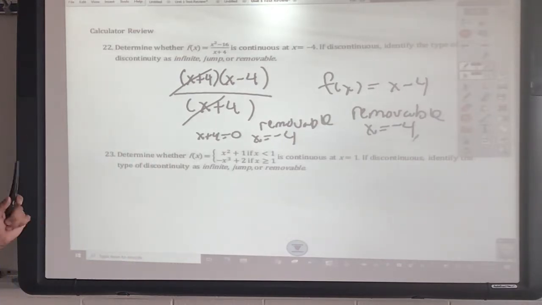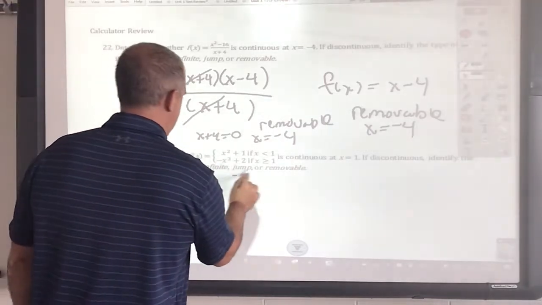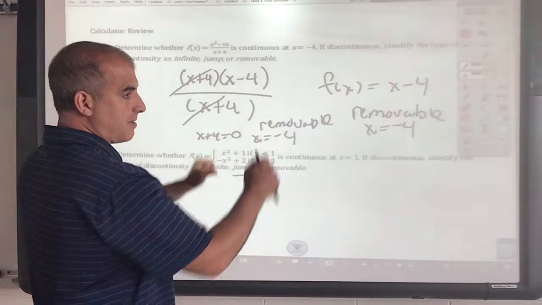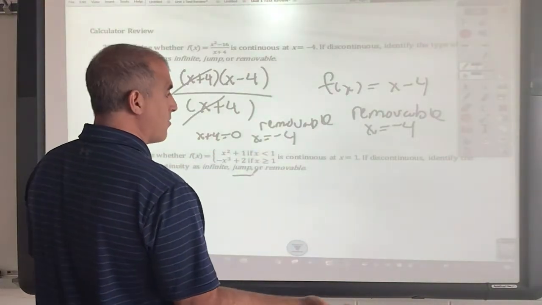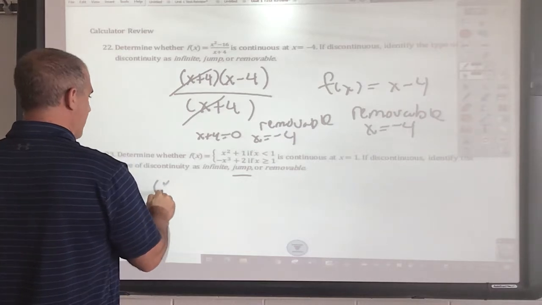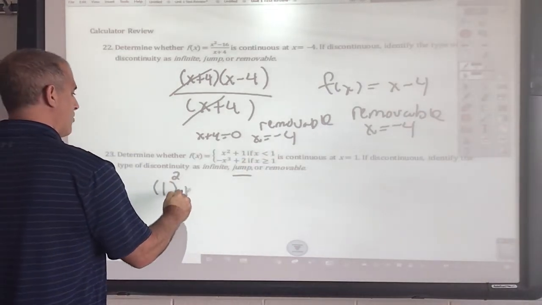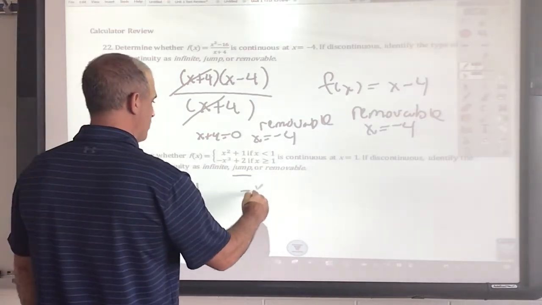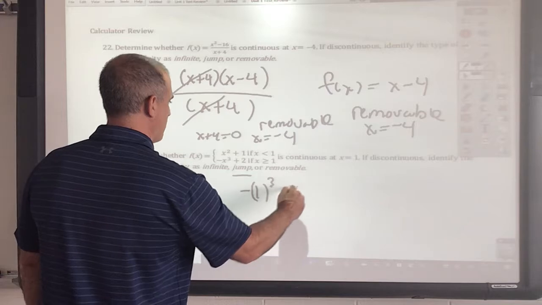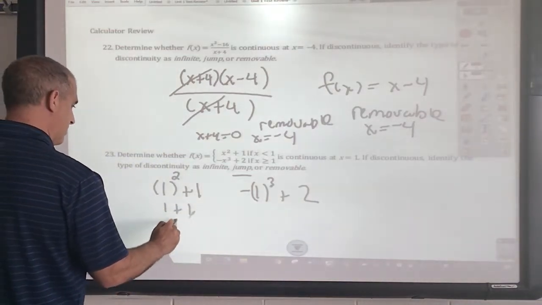Now, these ones with the piecewise have a potential to be a jump. How do we know that? Well, piecewise functions sometimes will jump, sometimes they will not. Here's how I figure that out. I take 1, which is the point in question here, and I substitute that into both pieces. 1 squared is 1, plus 1 would be 2.